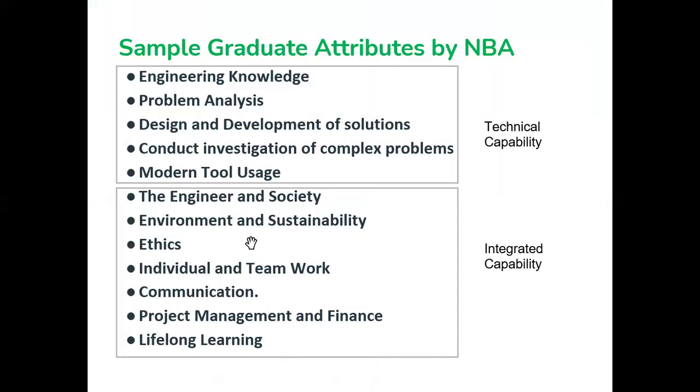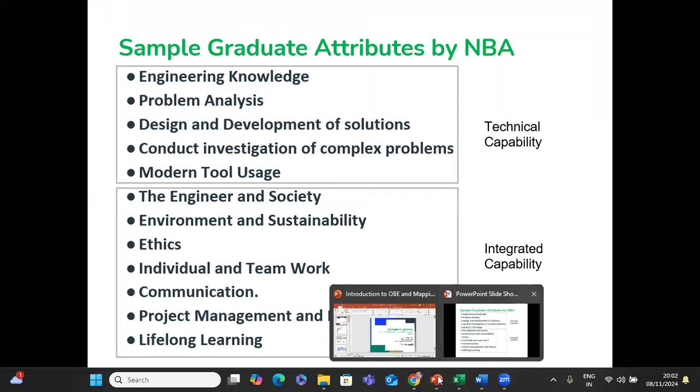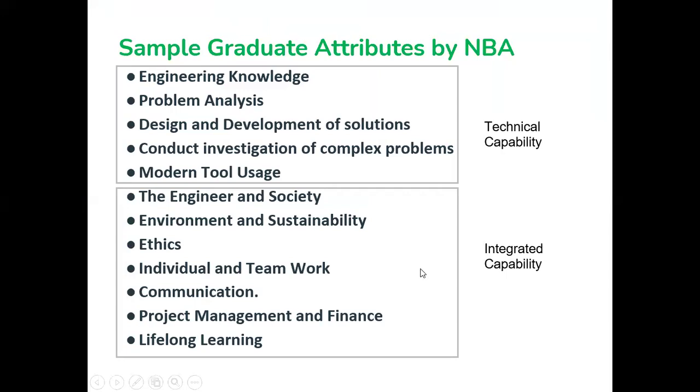And NBA has identified 12 graduate attributes for engineering education, and you can see these are the 12 graduate attributes. The first four are connected with technical capability, and the others are integrated capability.